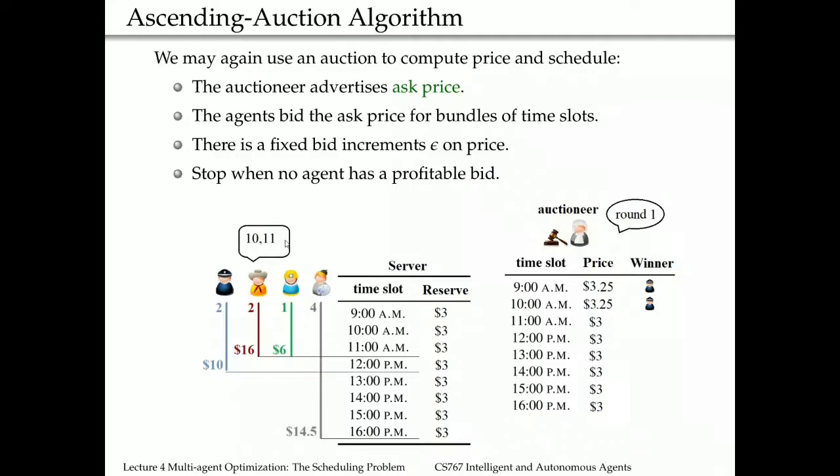He can just choose, say, 10 a.m. So he bids on 10 a.m. and 11 a.m. And this will increase the price of 11 a.m. to 3.25 and increase the price of 10 a.m. to 3.5. So now these two time slots belong to the second job. The first job loses the second hour. And this means that the first job now has only 1 hour, which is not enough to finish the job.